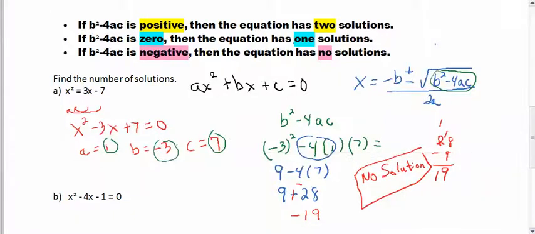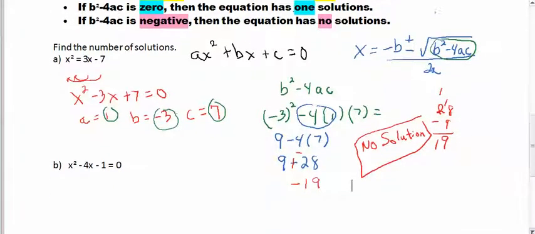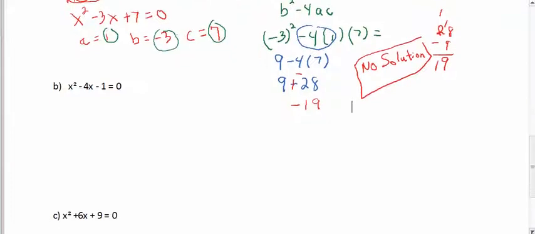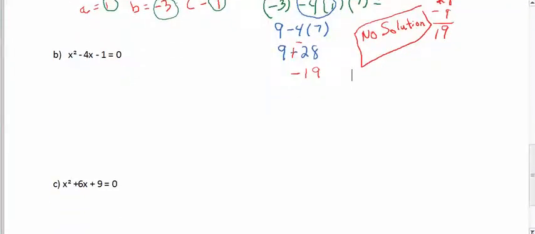Now we're going to do the same thing with the next one. We're going to use our discriminant. First ask yourself, is it in standard form? And it is. Our a is 1, our b is -4, and the c is -1. Again, it's b squared minus 4 times a times c.